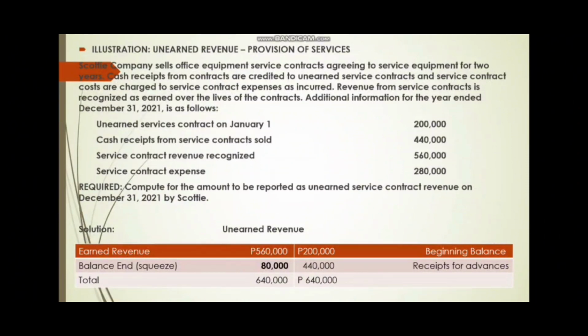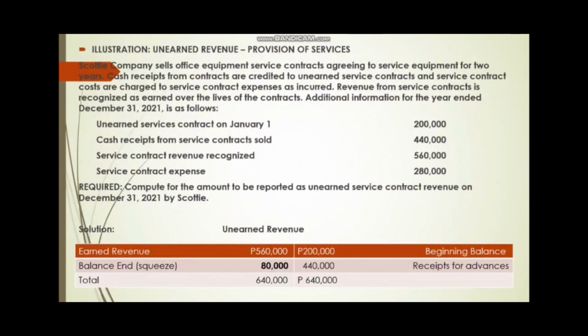Revenue from service contracts is recognized as earned over the lives of the contracts. Additional information for the year ended December 31, 2021 is as follows. Unearned service contracts as of January 1 is 200,000. Cash receipts from contracts sold is 440,000, service contract revenue recognized is 560,000, and the service contract expense is 280,000.